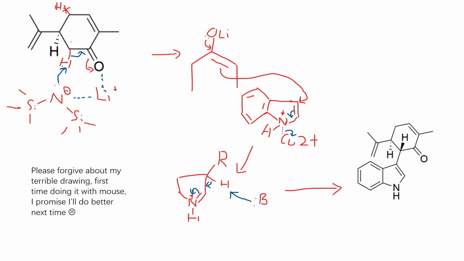And very sadly I chose the handwriting style with my mouse. It didn't come out well. I'm sorry, but maybe you have to suffer it for a while. For the next video I'll probably be using ChemDraw, a fancier and cleaner style of writing all these mechanisms. That'll be good. So yes, please forgive me about that.